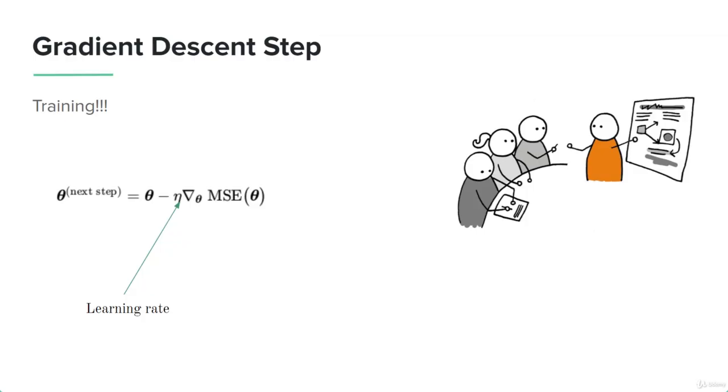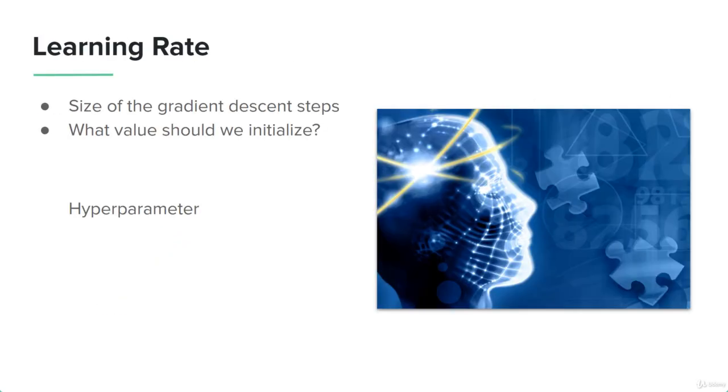Another parameter here is n, the learning rate. The learning rate is another hyperparameter and has a very important function: it determines the size of the gradient descent steps. So the big question is, what value should we initialize it with?